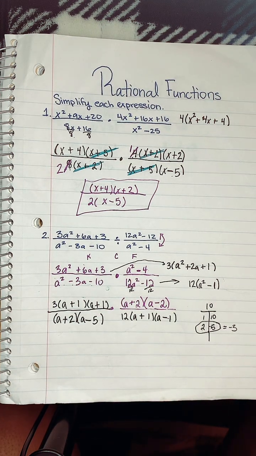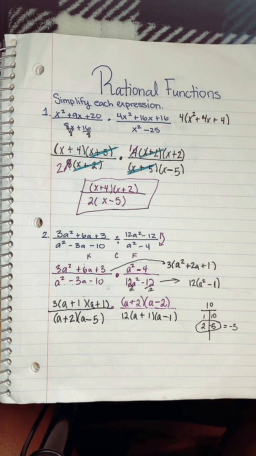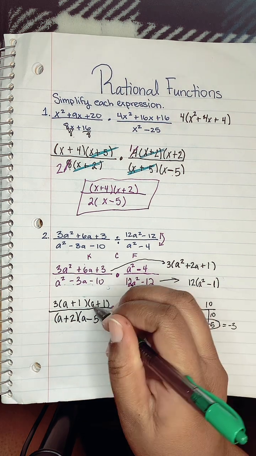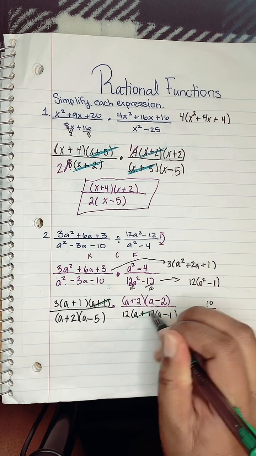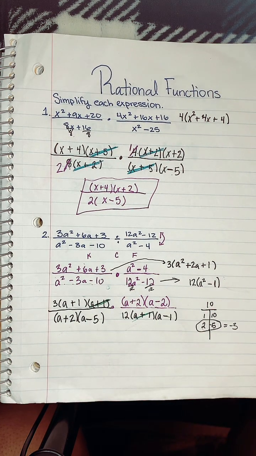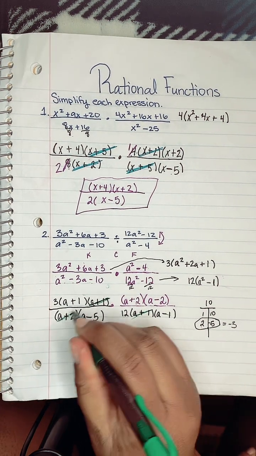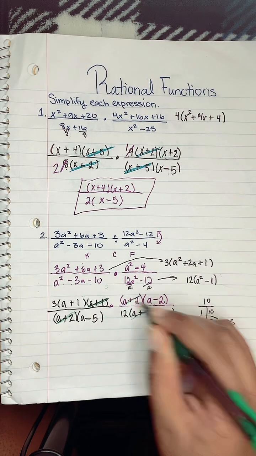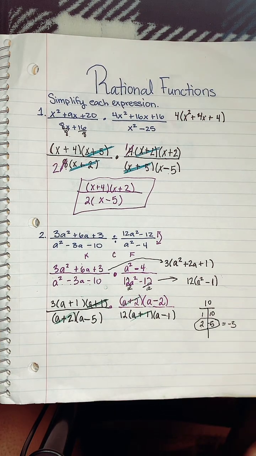And now that we have factored everything out, we can start cross canceling, okay? So let's see, what do we have? We got this a plus 1 here. We got the a plus 2, so that's out.